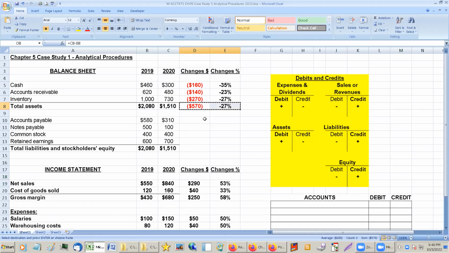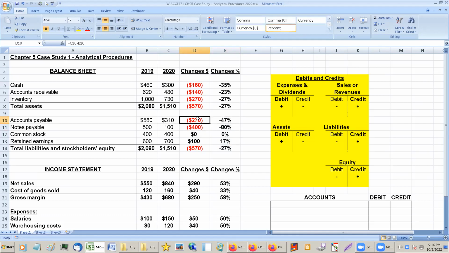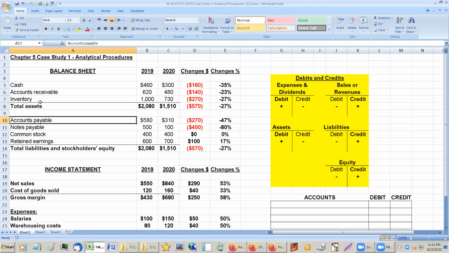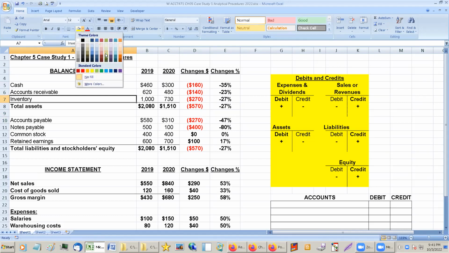Okay, let's keep going. Kind of strange here also. Usually you have a jump up in inventory, and that increases your accounts payable. These two go together. Oh, sorry, these. Let me start color coordinating these.